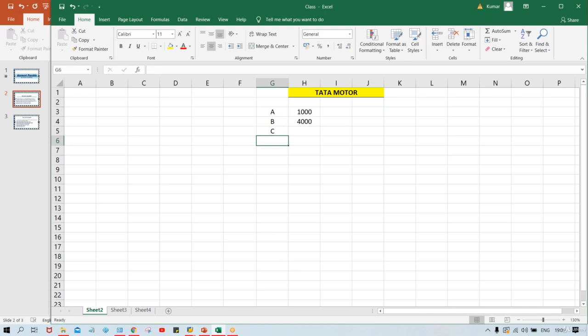From vendor C, goods worth 6,000. Likewise, D, let's suppose 2,500, and E again 4,000. So likewise, multiple vendors will be there. Now for all of this worth of goods we have purchased, payment is going to be made later because the procurement is happening on credit basis.